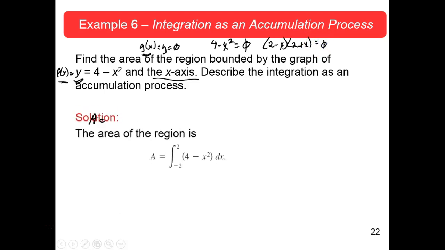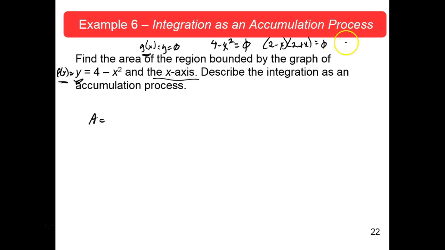And what did that give us? I think what you just said, x equals 2 and x equals -2. So that's a good choice to go. Your integration is going to go from -2 to 2 of what?